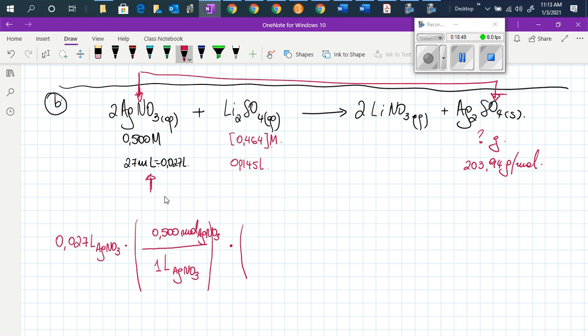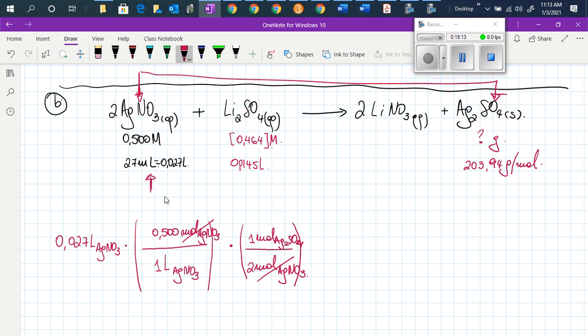The molar ratio is 1 to 2. So 1 mole of silver sulfate is produced when 2 moles of silver nitrate are used.